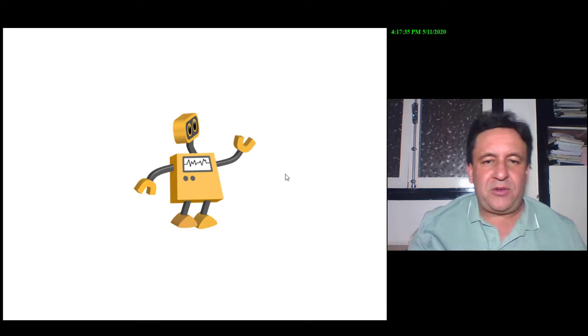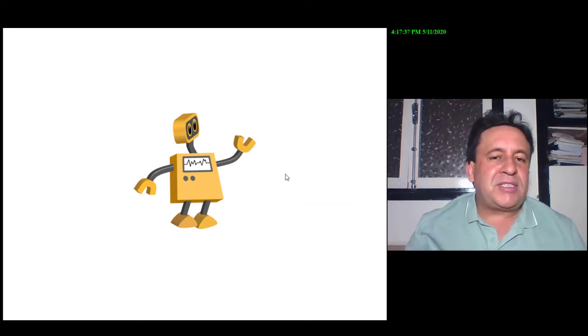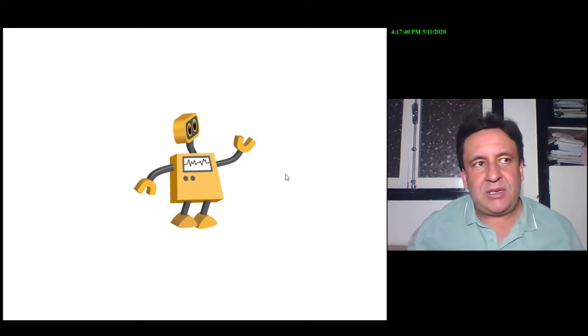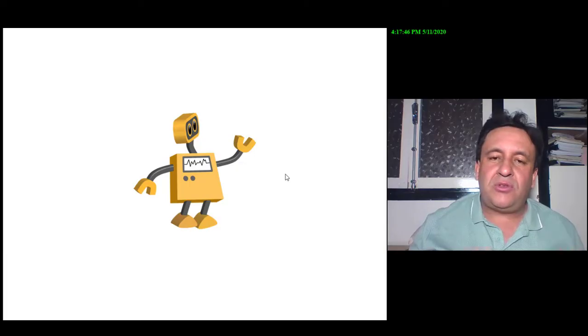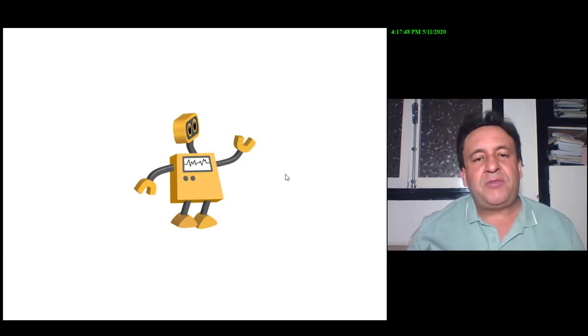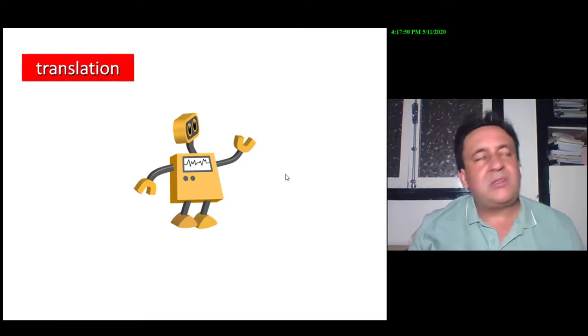Why do we need an X-bar theory? Suppose, for example, that we would like to construct a robot, let's say a computer program, okay? And we want this robot to do a number of tasks. For example, we want this robot to translate from one language to another.